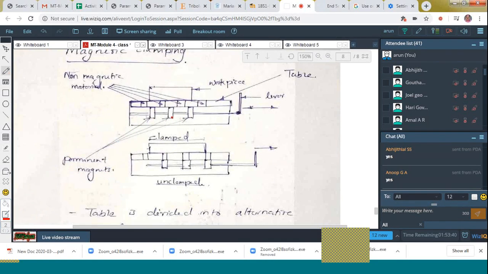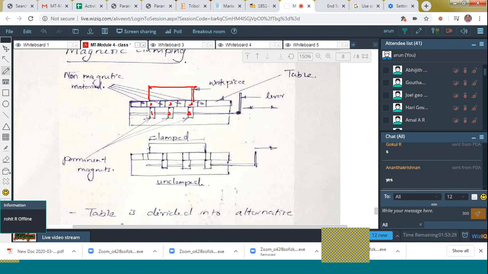Please listen once again. You can see these are the permanent magnets. 1, 2, 3 permanent magnets are there, kept on a magnetic surface. These are the magnetic surfaces. You can see that the workpiece is kept over here. Because of those magnetic surfaces, it gets blocked. Now in the second case, I move this clamp in this direction. You can see the second figure.